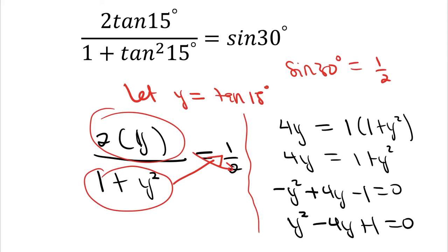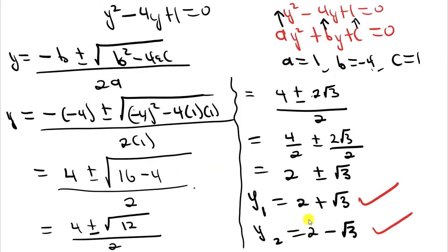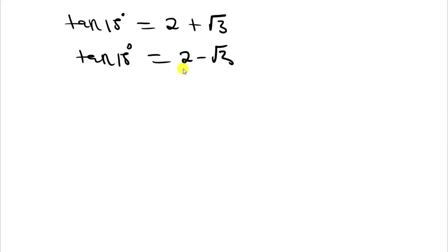But is it true that tan 15 degrees equals 2 plus root 3, or tan 15 degrees equals 2 minus root 3?